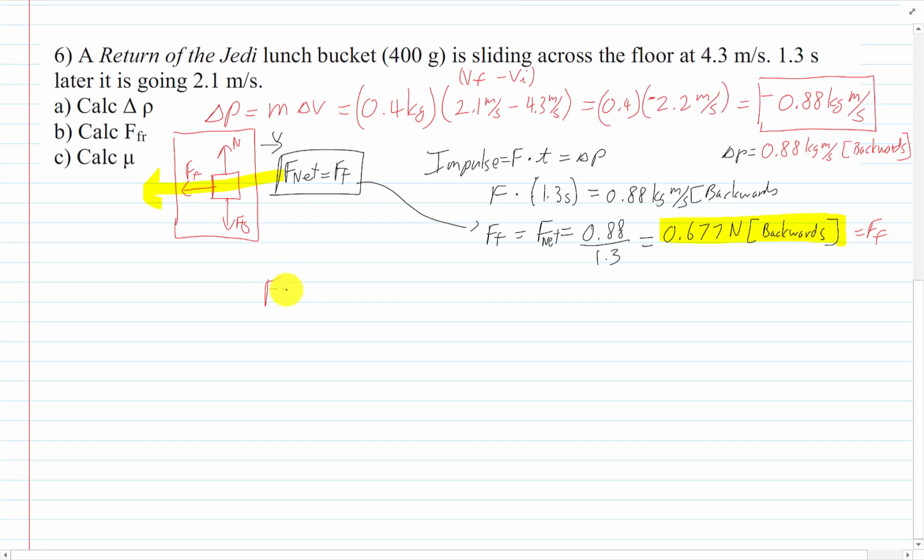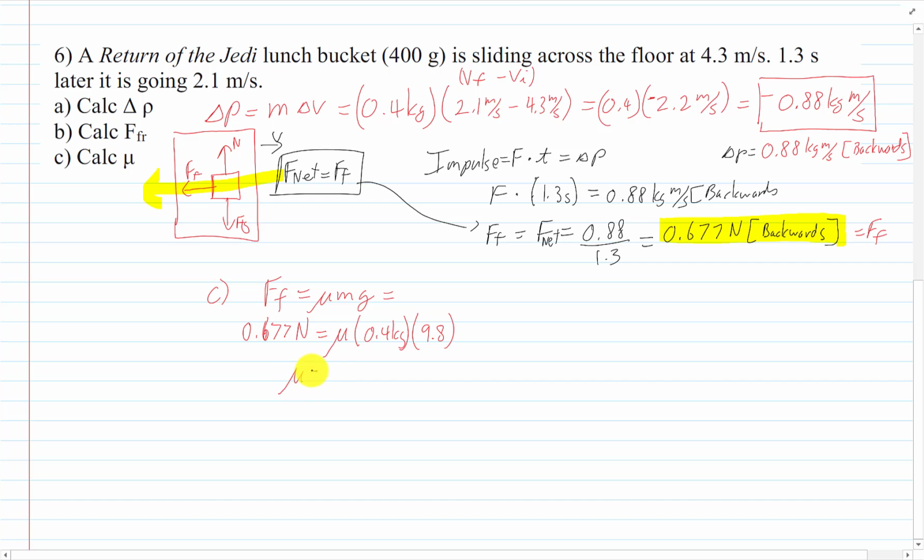And if that's the force of friction, and we know that's equal to mu mg, we could calculate what mu is, which is part C. The force of friction is 0.677 newtons. And we're going to calculate mu. We know the mass is 0.4 kg, and g is 9.8.